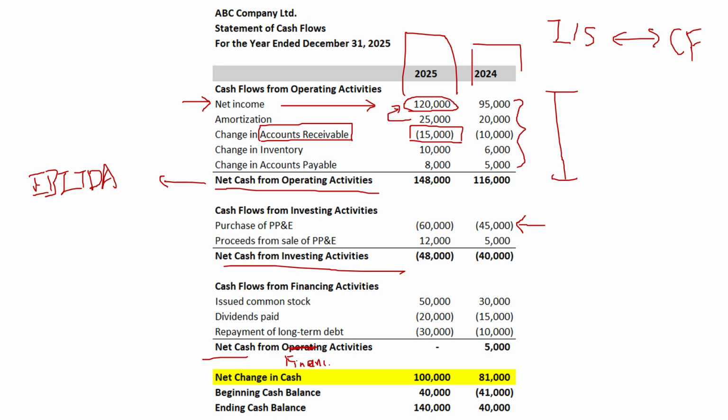Because it's a negative number, you know the accounts receivable changed year over year in a way that implies a cash outflow of 15,000. If it's a negative 15,000, it means 15,000 in cash is an outflow.